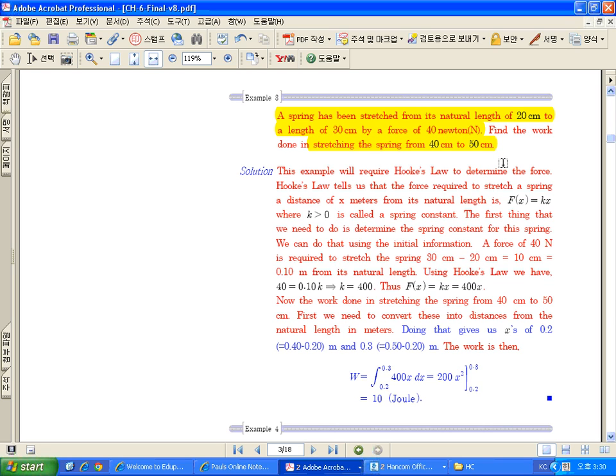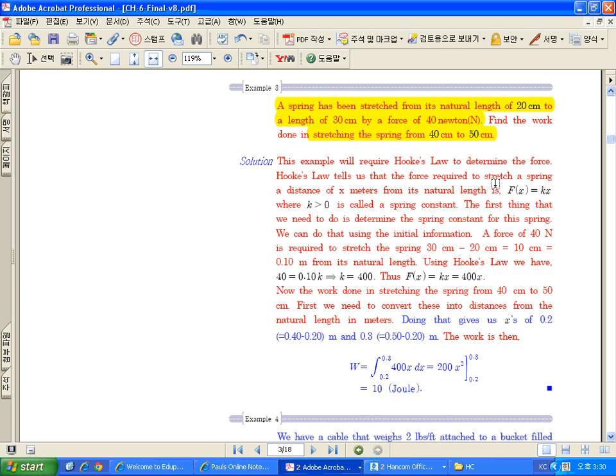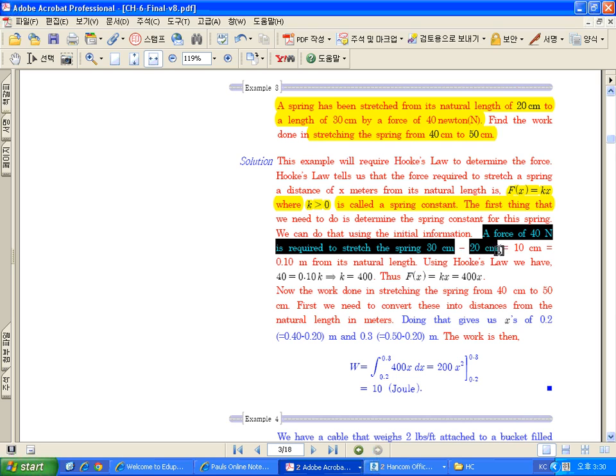So by Hooke's law, we need to find the spring constant k. Here, since a force of 40 Newtons was required to stretch the spring 10 centimeters, because the natural length was 20 and it was stretched to 30, so the difference was 10 centimeters.